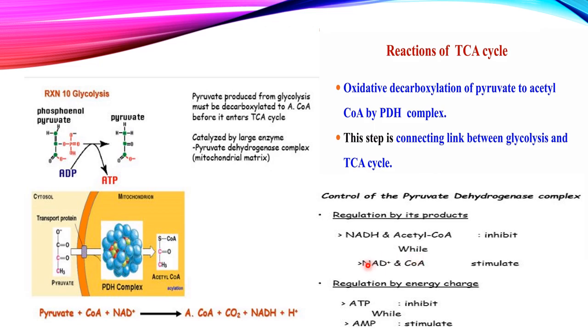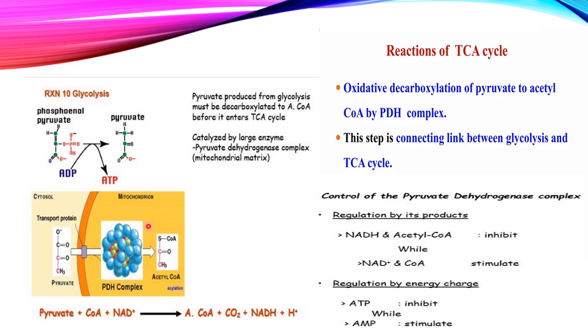Therefore, all three together, which are the indicators of energy deficit state of the cell, stimulate or trigger the on of the PDH complex so that it can convert the pyruvate into acetyl CoA and results in the higher concentration of acetyl CoA so that the TCA cycle begins.